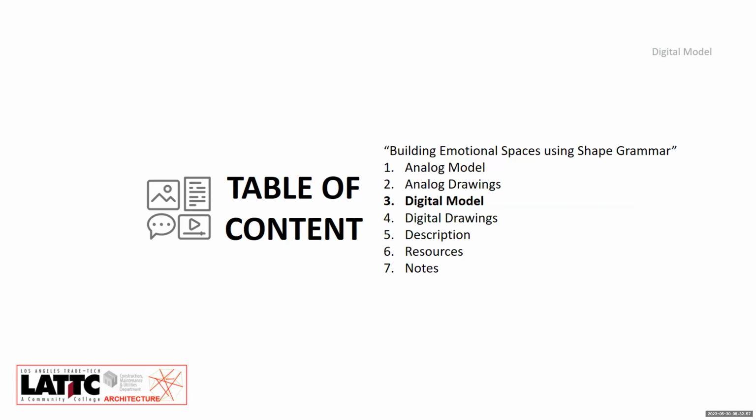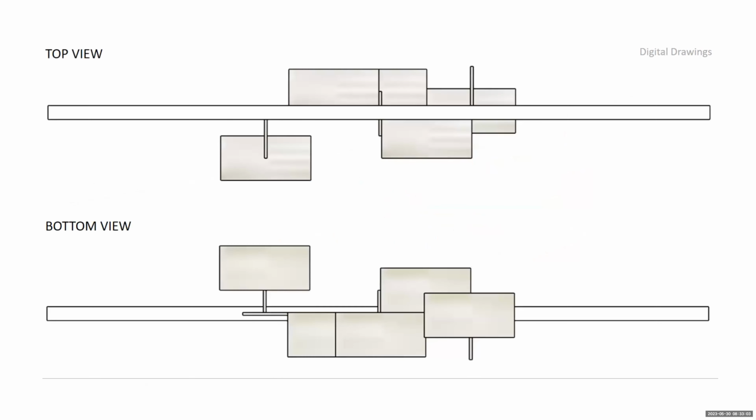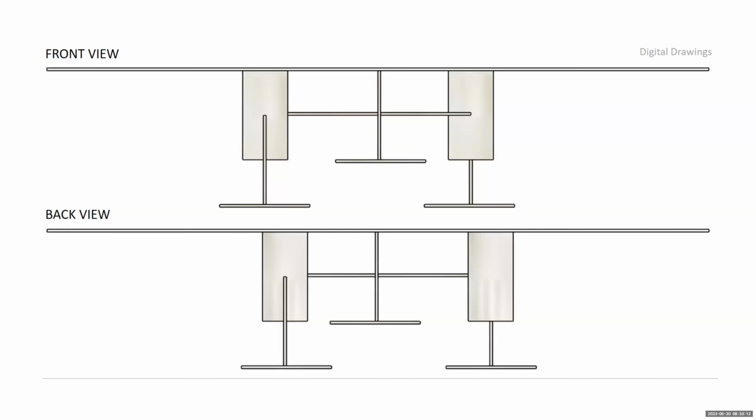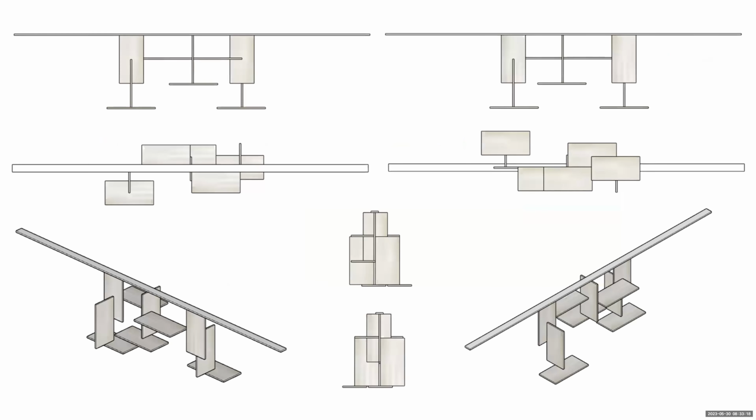Then we did it on SketchUp, and this is my digital model. And these are all the views of my digital drawing: the top view, bottom view, front, back, left, and right. And here are all the perspectives and the views.